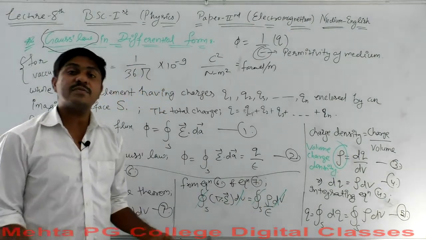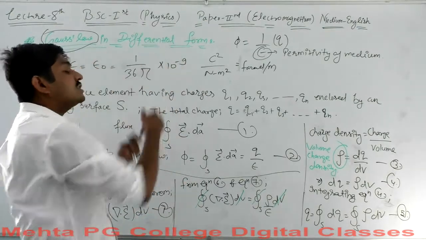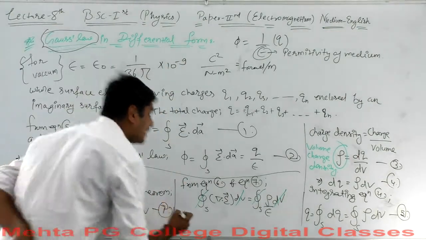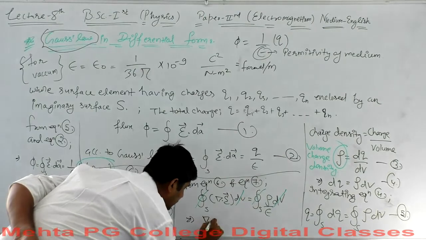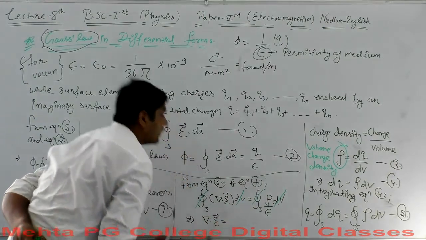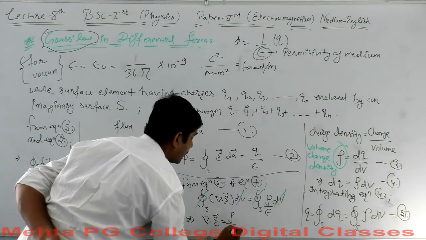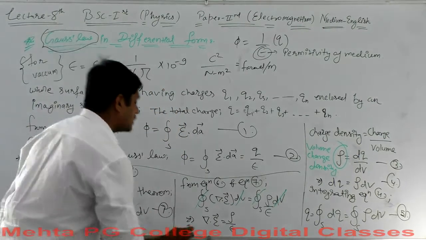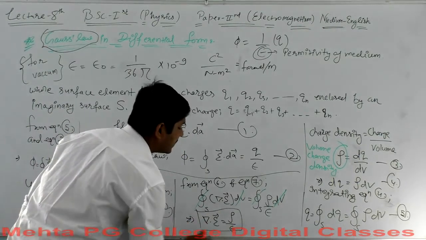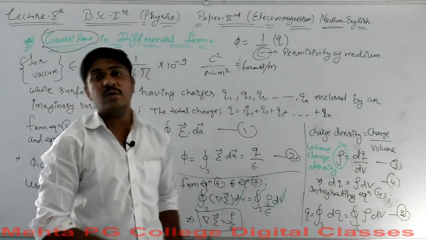So we end up having Gauss's law in differential form. What will the value be? This will be del dot E vector equal to rho over epsilon, and this is the result we are looking for.